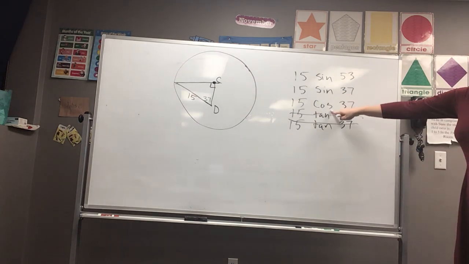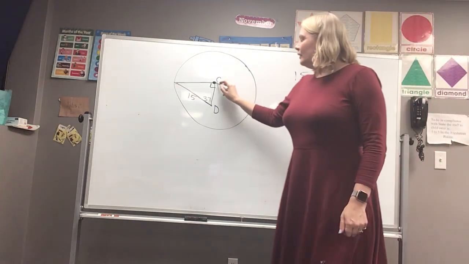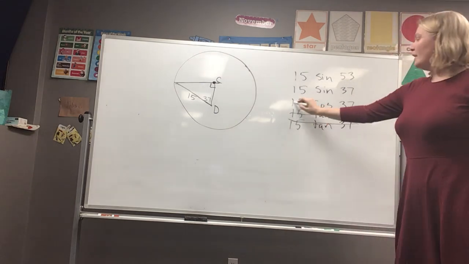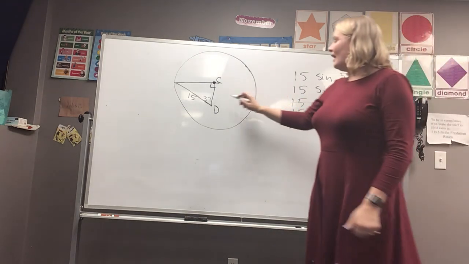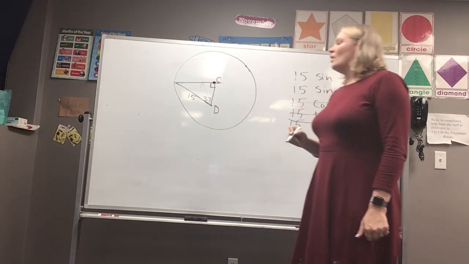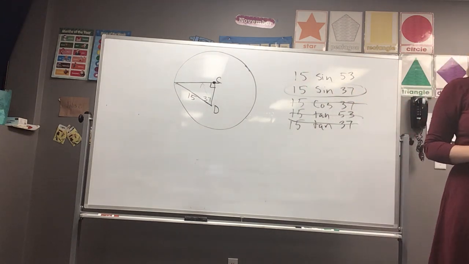If we look at the cosine of 37, that would be this length right here, not our radius, and so that one is out. And then finally, we're looking at the sine, or across the way from our 37, and this is the one we need.